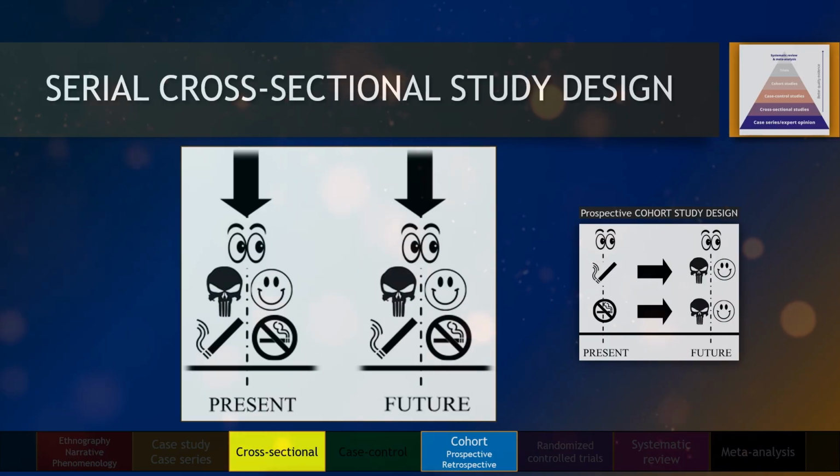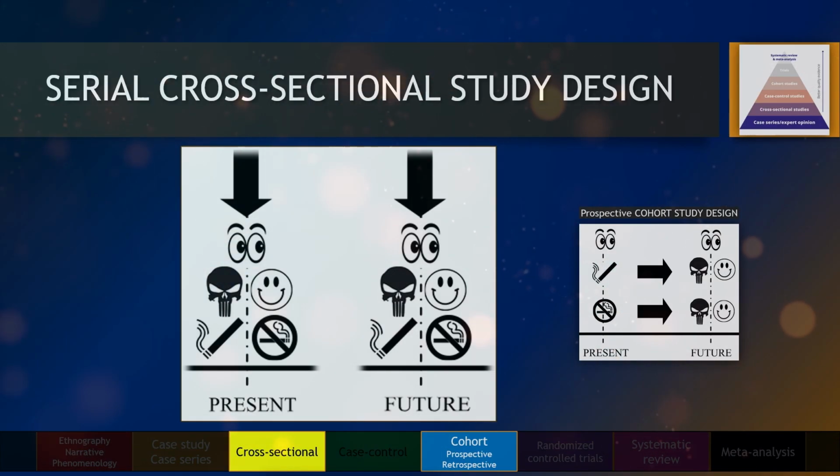As a quick side note, there is this thing called a serial cross-sectional study design, the figure on your left. A serial cross-sectional study involves conducting multiple cross-sectional studies over different time points. This design allows researchers to observe changes and trends in a population over a period of time, even though each data collection point involves different individuals.